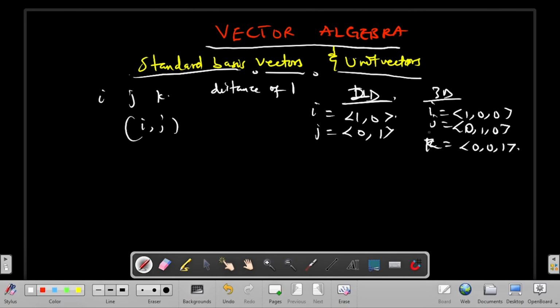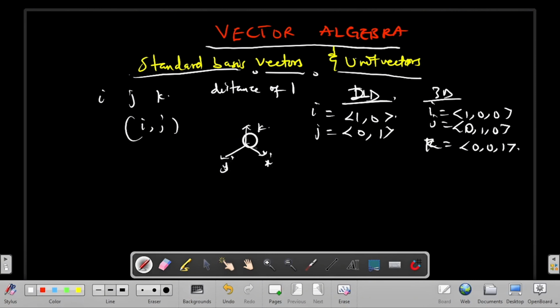So they indicate directions. That is why you can represent them this way. We have our x, we have our y, then we have our z, which is k. So we have i, j, k that way.